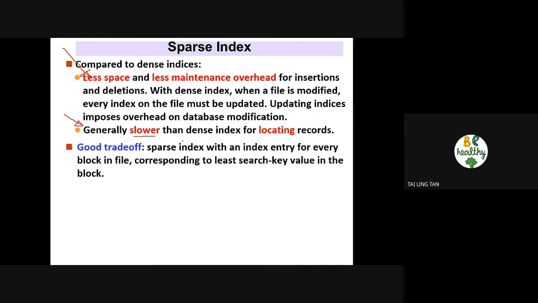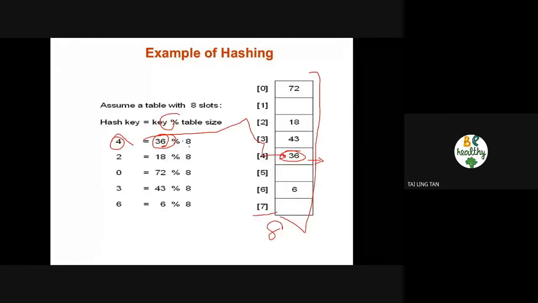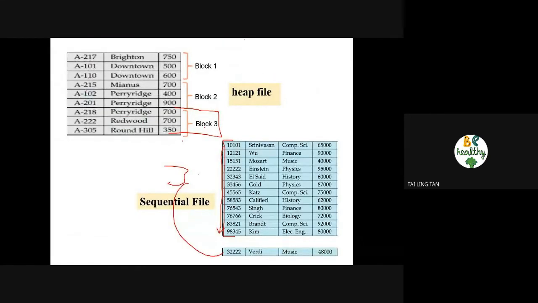A sparse index has an index entry for every block in the file, corresponding to the least search key value in the block. For the file, we continue with the index entry.